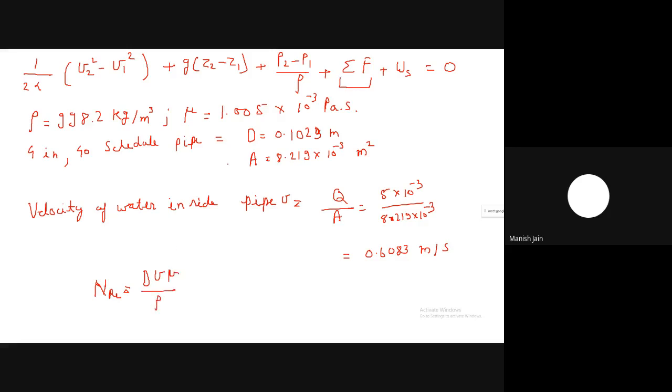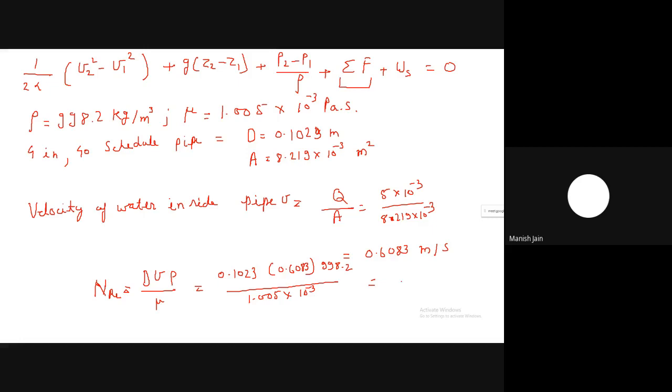All values are written here, you just have to substitute the values from the above mentioned quantities. 0.1023, that is the value of the diameter of the pipe, multiplied by 0.6083, this is the velocity, multiplied by 998.2, that is d V rho, divided by mu, the viscosity, 1.005 multiplied by 10 to the power minus 3.